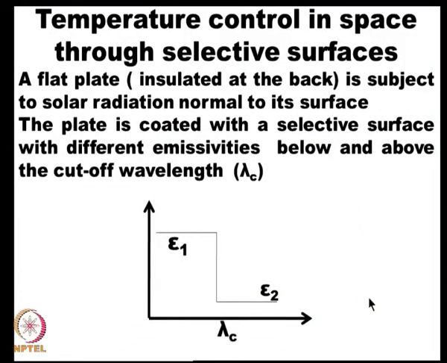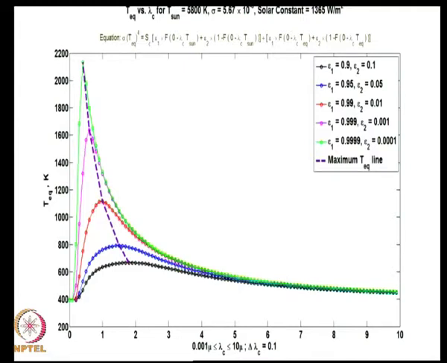So, this is the problem, and here at the top you see this is the equation. This is called the equilibrium temperature, the surface temperature of the solid surface, and what we have shown here is how the equilibrium surface temperature depends upon the cutoff wavelength, varied from 0.001 micron to 10 micron in steps of 0.1 micron, solved numerically.